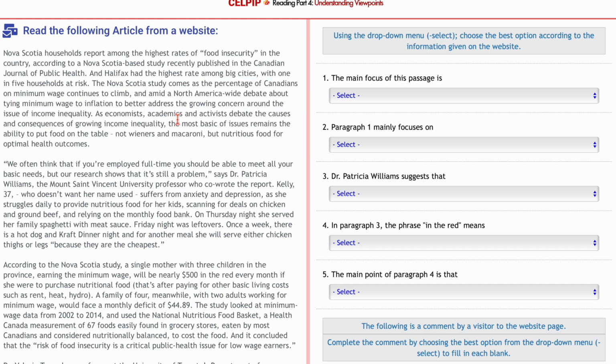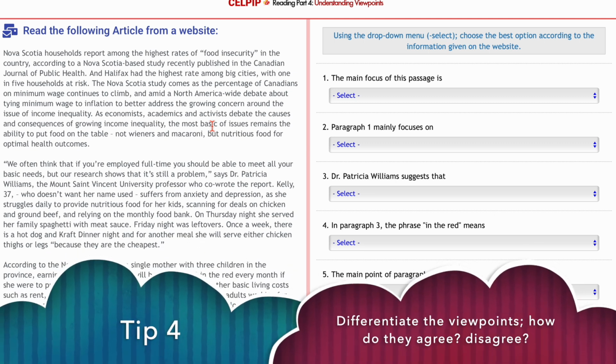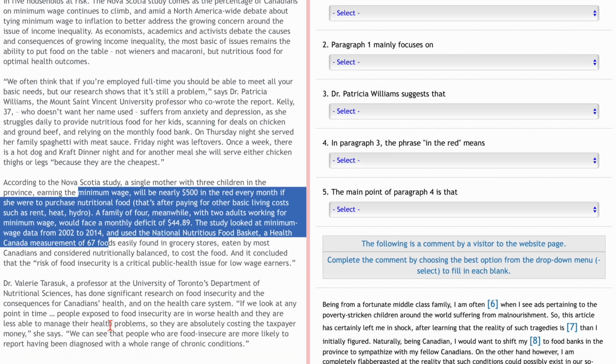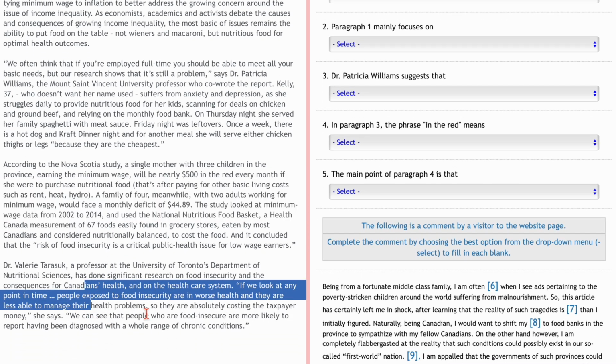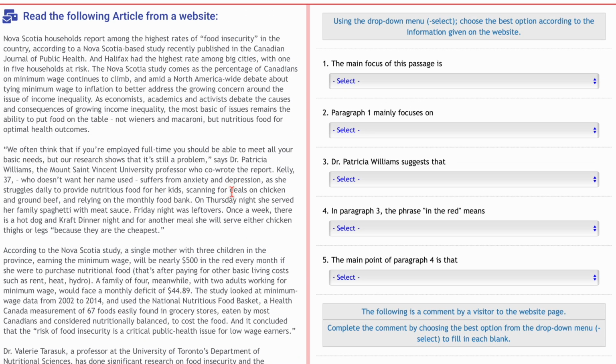And then the other idea that I want to give you is that we need to understand clearly viewpoints. All right, viewpoints. Here we have different viewpoints, all right? And we need to make sure that we understand how they are different, how they are the same, because the questions sometimes ask exactly about agree, disagree, how are the viewpoints the same? Sometimes not.